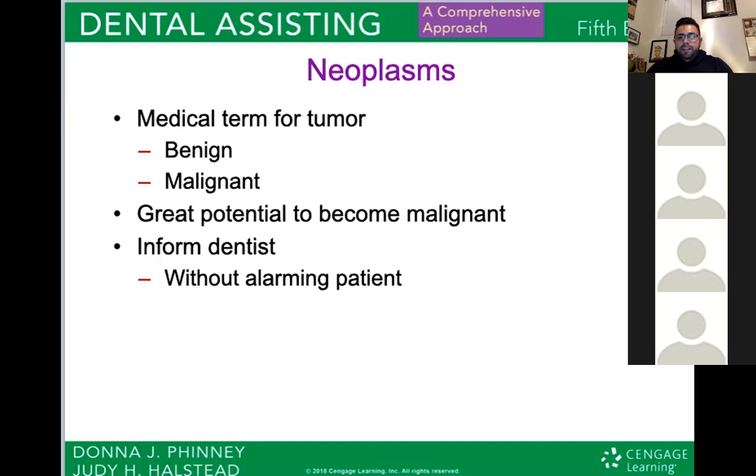If you say stuff like that, it can cause a downward spiral of aggressive anxiety for that patient. They might not sleep for several days, which is problematic because a lot of the time when you send somebody in for biopsy, it can be several days and sometimes weeks before they get an answer whether or not it's malignant. So again, don't ever alarm a patient if you see something funny. Let the dentist know, and then they can take it from there.